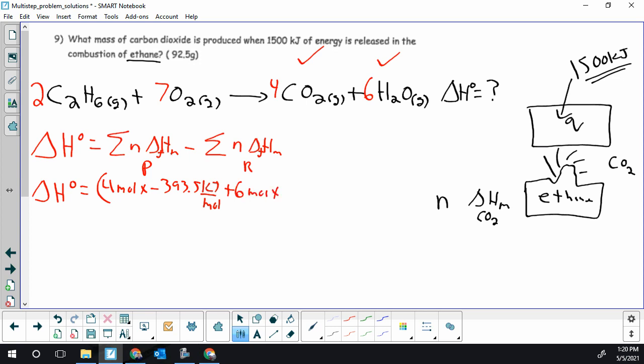Making sure again you grab the correct water value from the table, the gaseous one. Okay. That concludes my products. I'll close the bracket. I don't quite have enough room to keep going across, so I'm just going to continue subtraction and move into my reactants down below. I have 2 ethane.